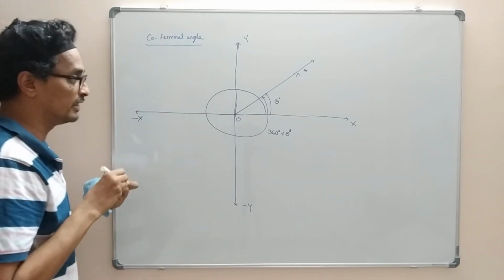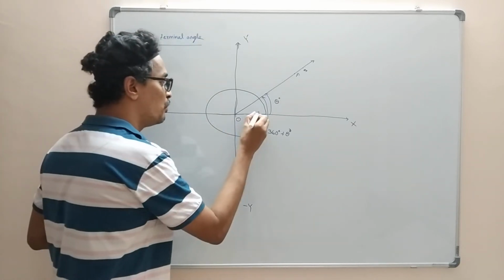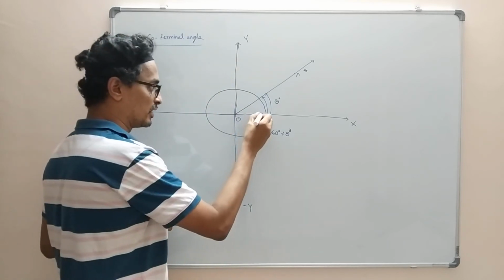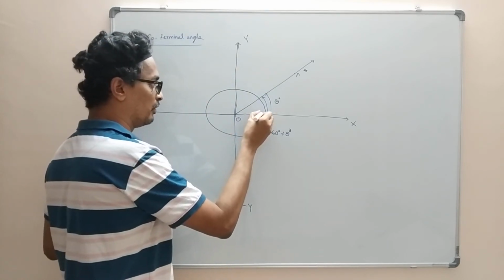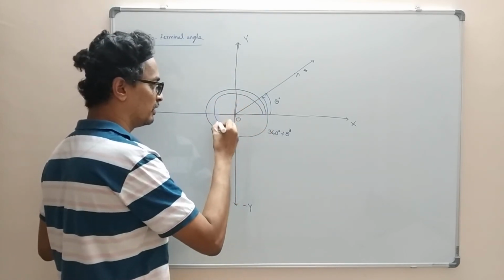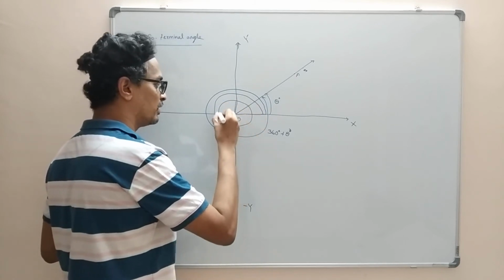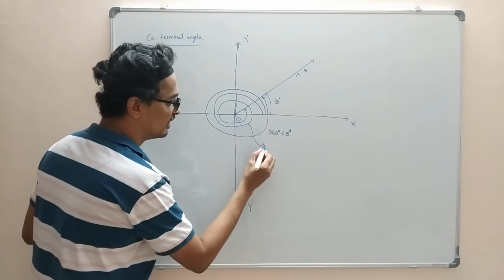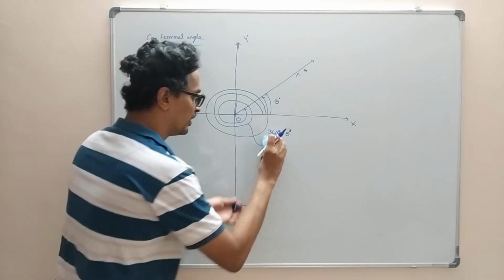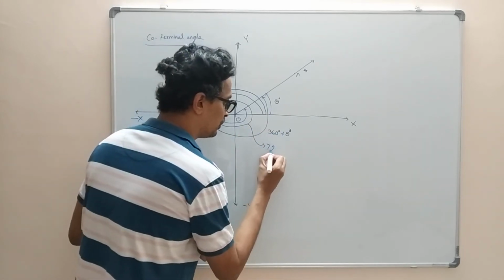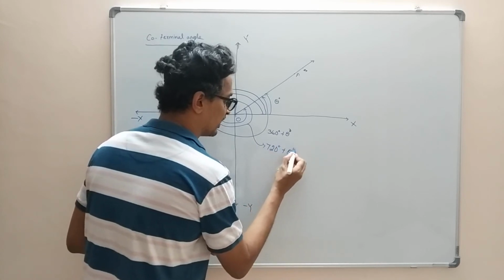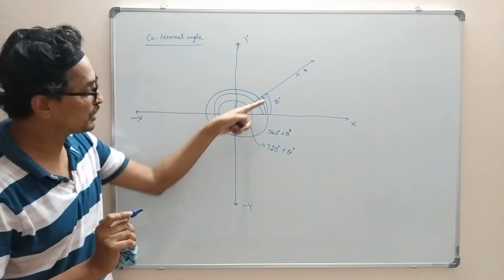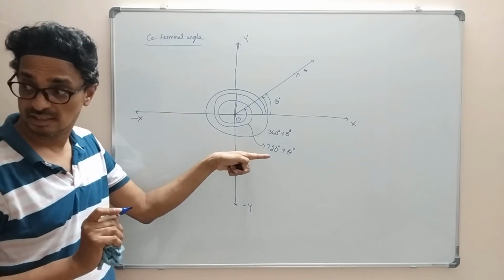Now it is not just 360 degree. You can have one more rotation. Something like this I can have. I can have one full rotation, then another rotation, and then I can stop. Now this angle is 720 degree plus theta degree. Now the difference between my original angle, this is how much? 720.